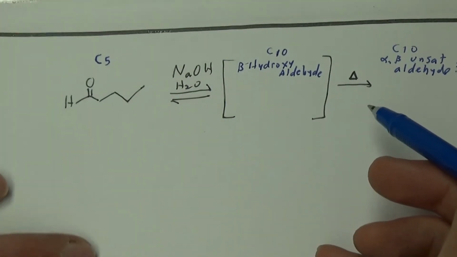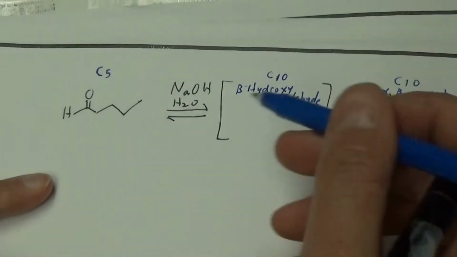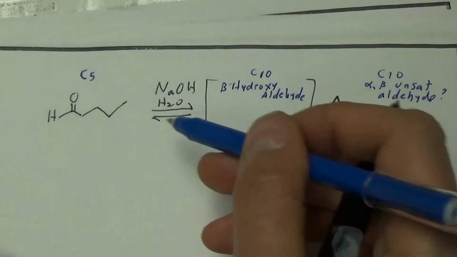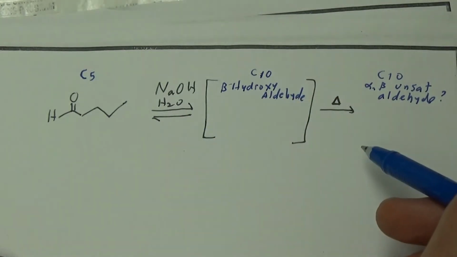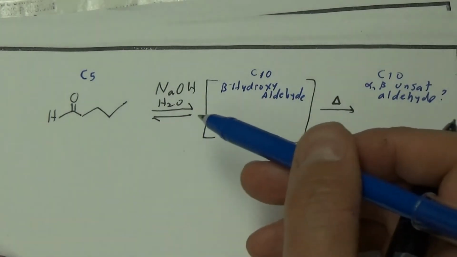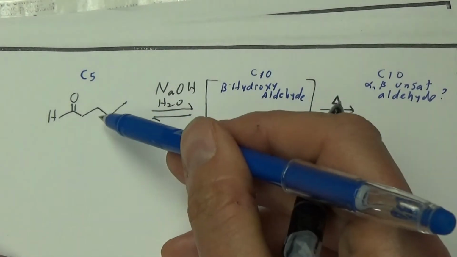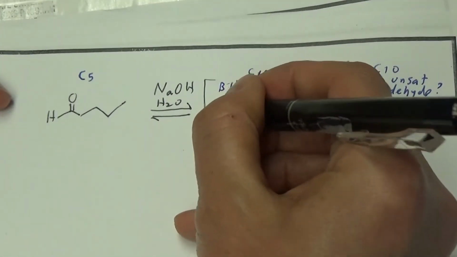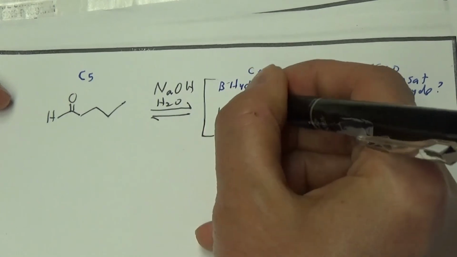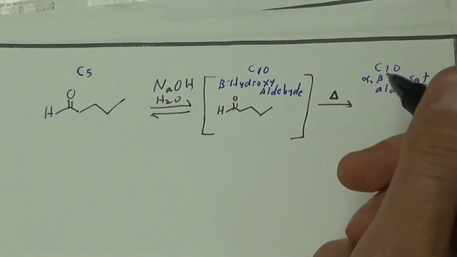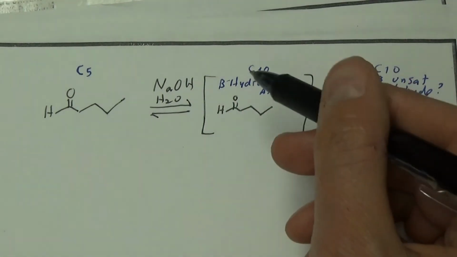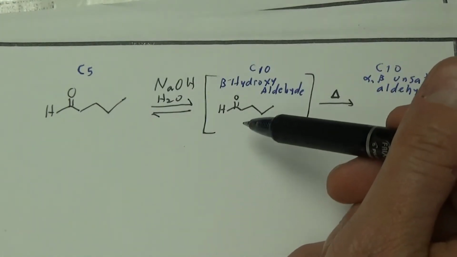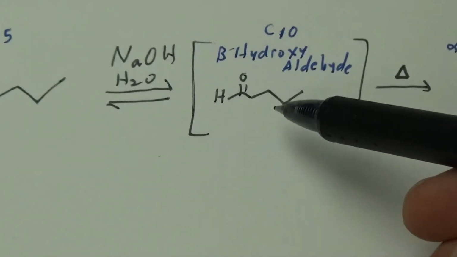To draw the beta hydroxy aldehyde, and we're not caring about the mechanism this second, just redraw this. Start with this. It's the same thing, but there's more. There's our C5, plus 5 will be 10. So how do I draw the beta hydroxy aldehyde of this?